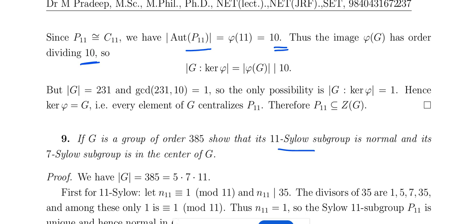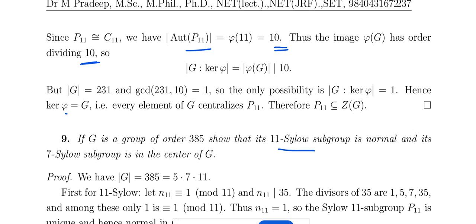So the index of the kernel of pi in G, that is the order of the image of pi, divides 10. The order of G is 385, and the GCD of 385 and 10 is 5.